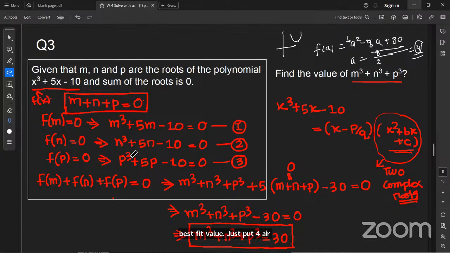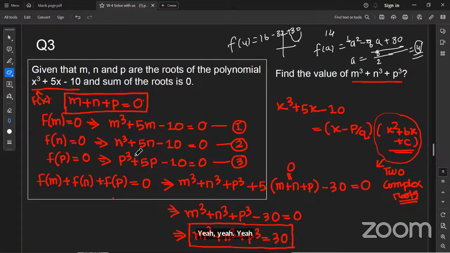What is your f of 4? 16 minus 8 times 4, which is minus 32, plus 30, so minus 2. 8 times 4 is 32, and this will become minus 2. So minus 2 is your correct answer. I think it was from the December term question paper.